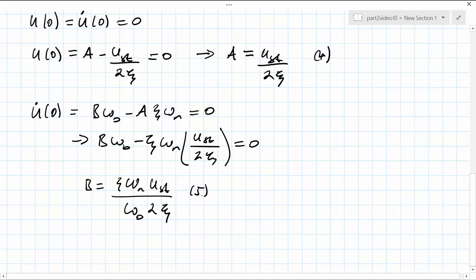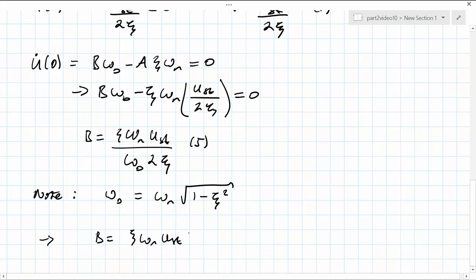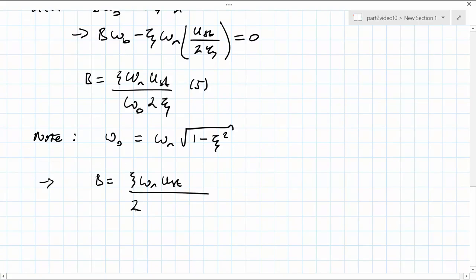If we note that as before, our damped natural frequency is equal to the natural frequency times the square root of 1 minus the damping ratio squared, then we can say that B is equal to zeta omega n u static divided by 2 times omega n times the square root of 1 minus zeta squared, or u static over 2 times the square root of 1 minus zeta squared.